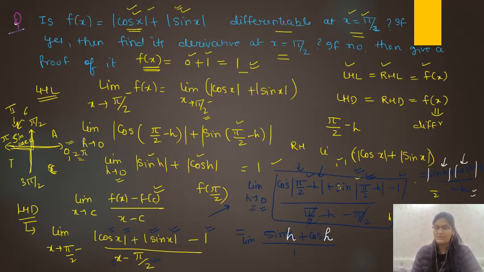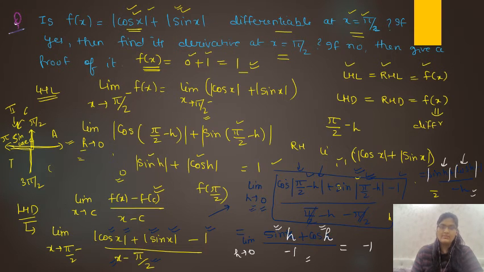So differentiation of h with respect to h is 1, here minus h gives minus 1. So if you substitute now, this is your form, sin h plus cos h minus 1. Now if you put h tends to 0 here, what you have got, sin 0 is 0, cos 0 is 1. 1 upon minus 1 is what? Minus 1. So your left hand derivative is minus 1.